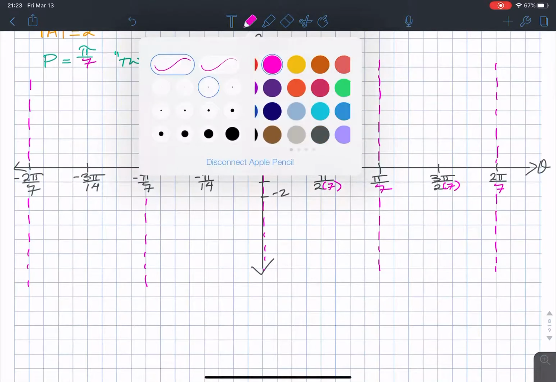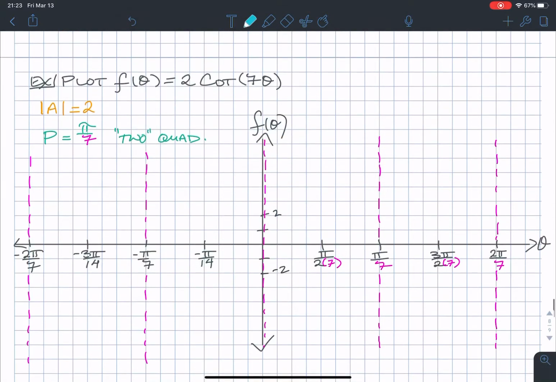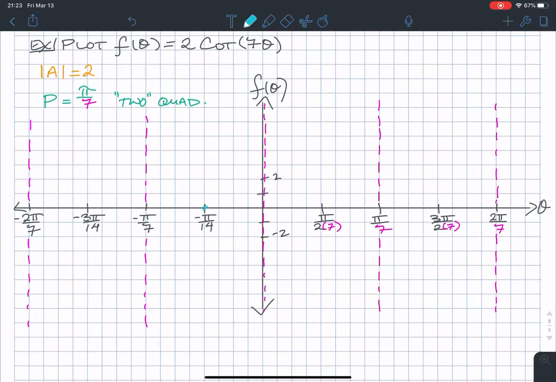Okay. Now, much like tangent, cotangent is 0 smack dab in between each of the 2 vertical asymptotes. Now, usually it would be 1 at the 45-degree reference angles, which is halfway through each quadrant. However, this is now twice as tall, and I know cotangent goes downhill in reading direction.